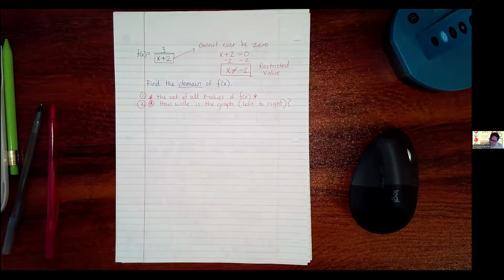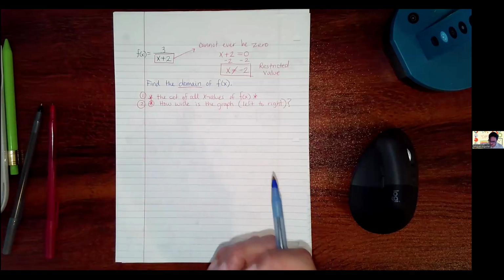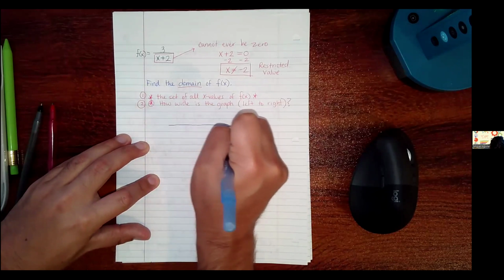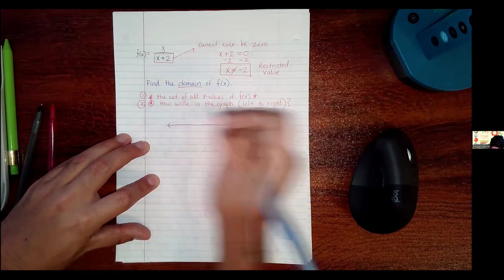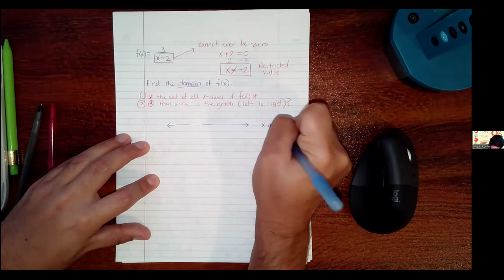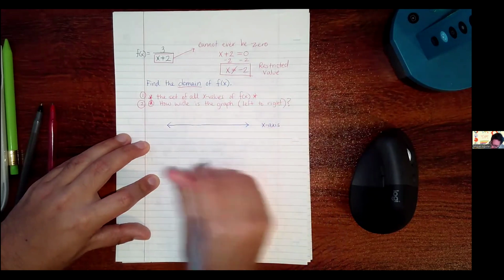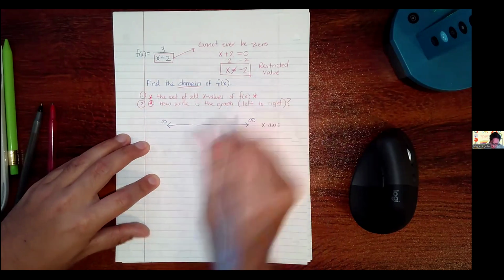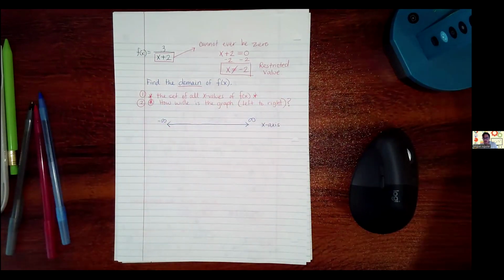So if we put these ideas together, the domain of the function is the set of x values. And if we represent the x values as the x-axis, here's my x-axis, then my x-axis usually extends from negative infinity to positive infinity. Are you guys okay with that?